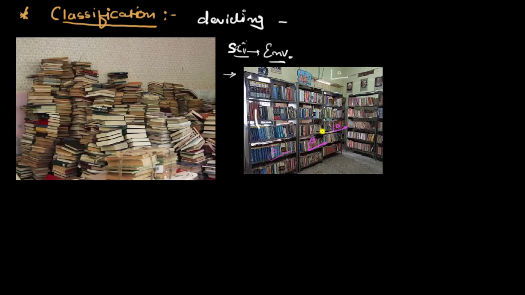So when I tell you to find a book which is of science and environment, you have to find it from this area only, right? Because it is more manageable, they have managed everything very clearly and there are different sections, it becomes much easier for you to find that.